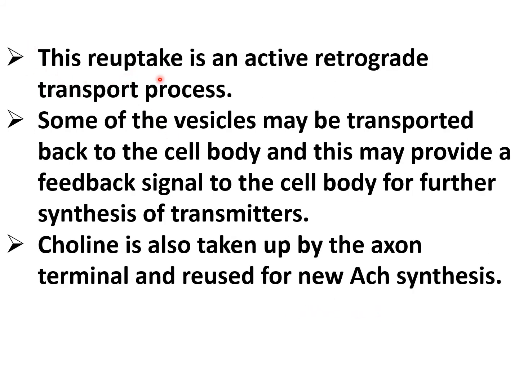Now this reuptake is an active retrograde transport process, and some of the vesicles may be transported back to the cell body, and this may provide a feedback signal to the cell body for further synthesis of the transmitters. Choline is also taken up by the axon terminal and reused for new acetylcholine synthesis.